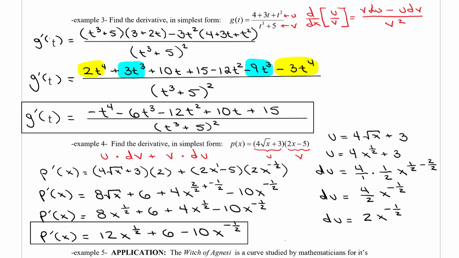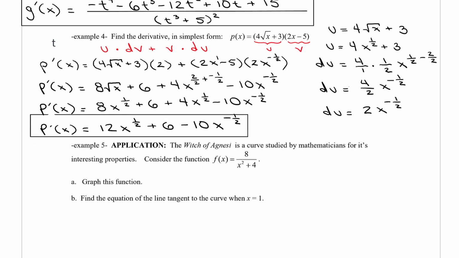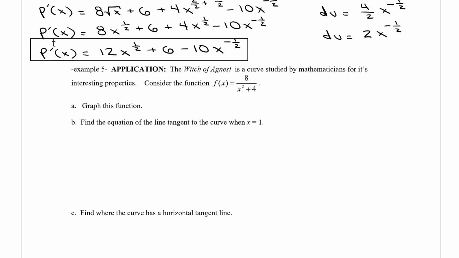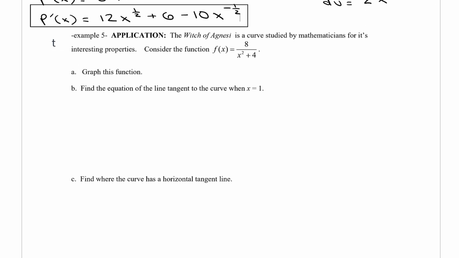So p prime of x equals 12x to the 1/2 power plus 6 minus 10x raised to the negative 1/2 power. And I'm going to box in that derivative function.